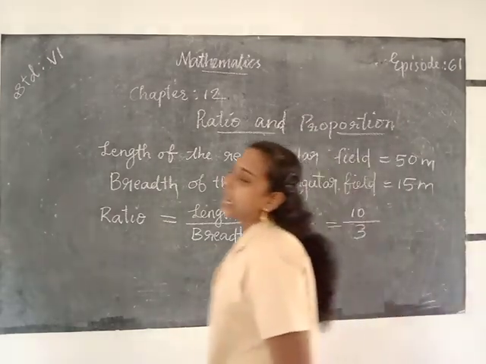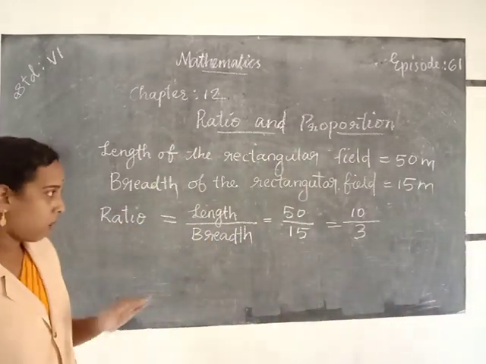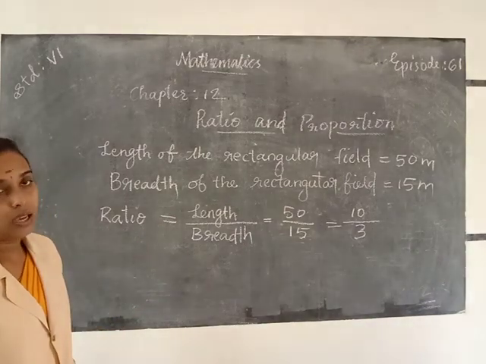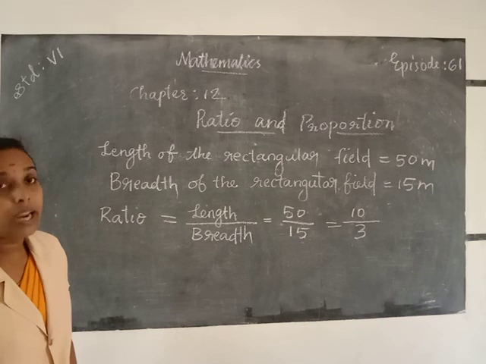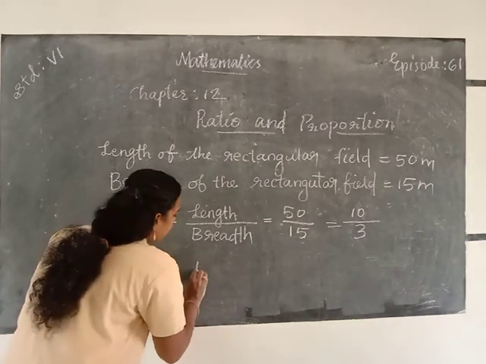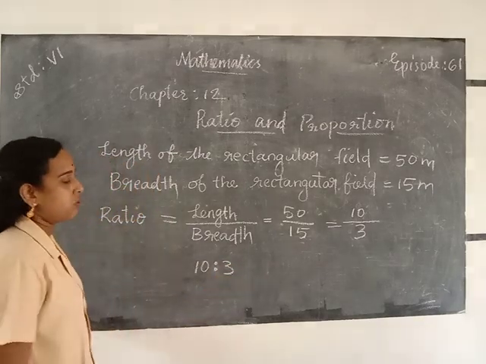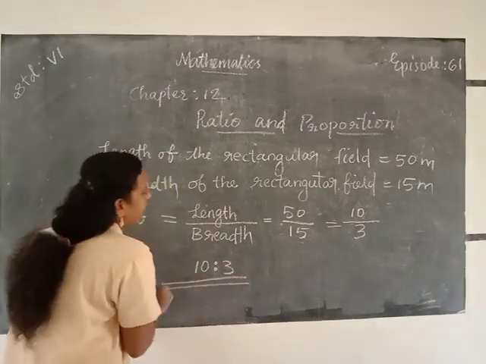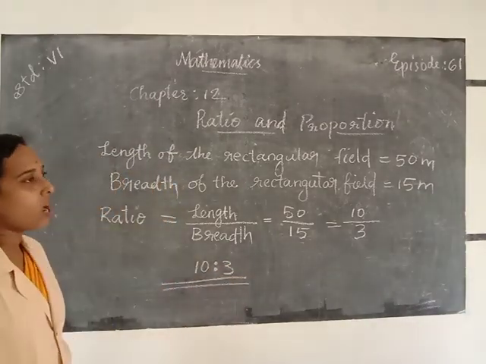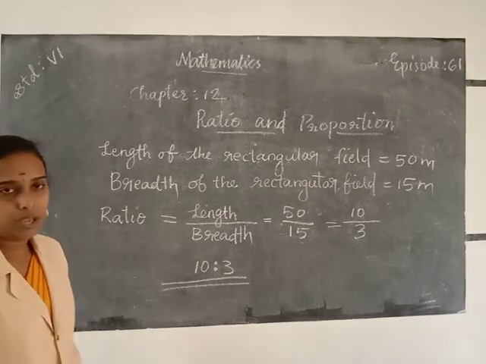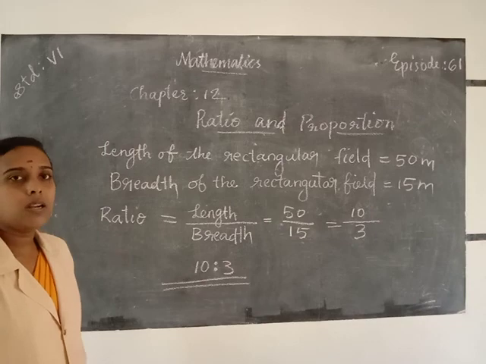And in 10 and 3 there is no common factor, so it's the simplest form. So the required ratio is 10 is to 3. 10 is to 3 is the required ratio of length of the rectangular field to the breadth of the rectangular field. Are you understood?